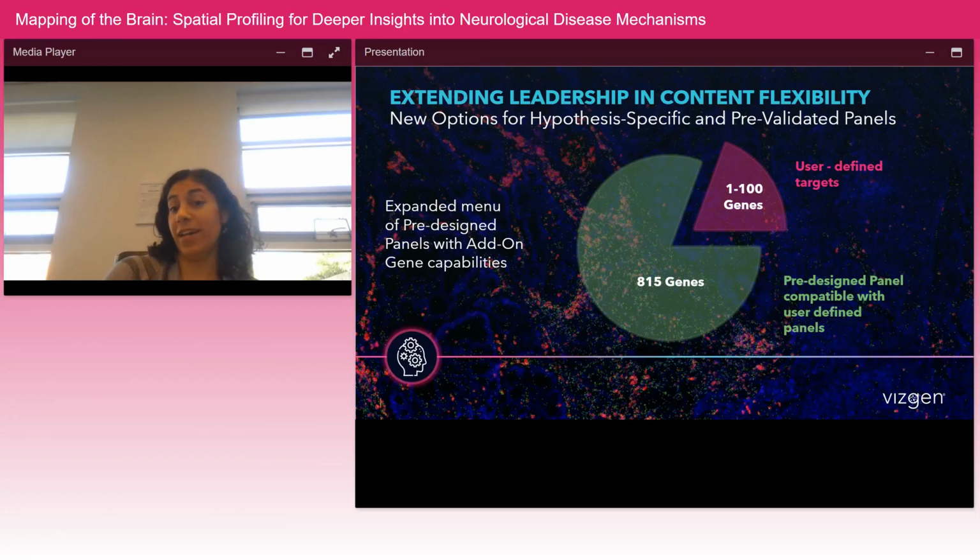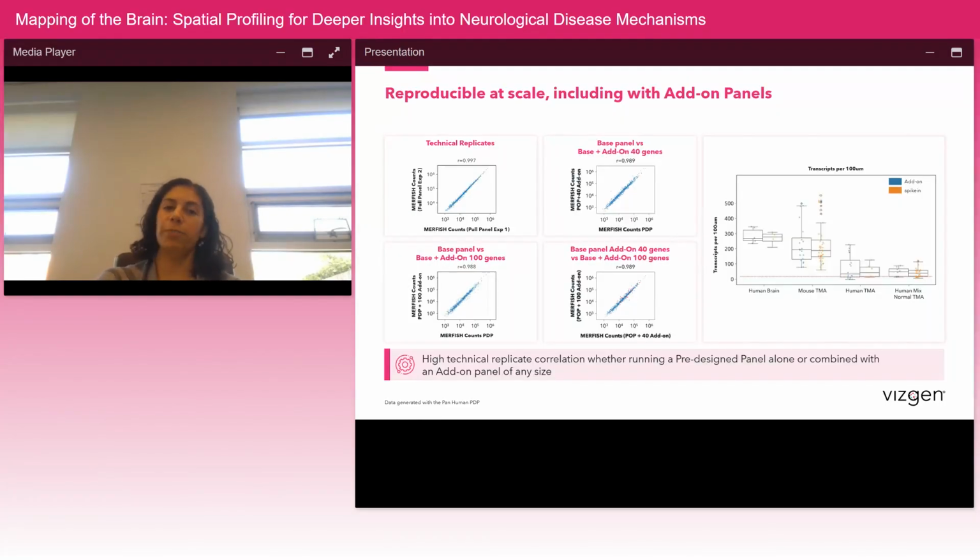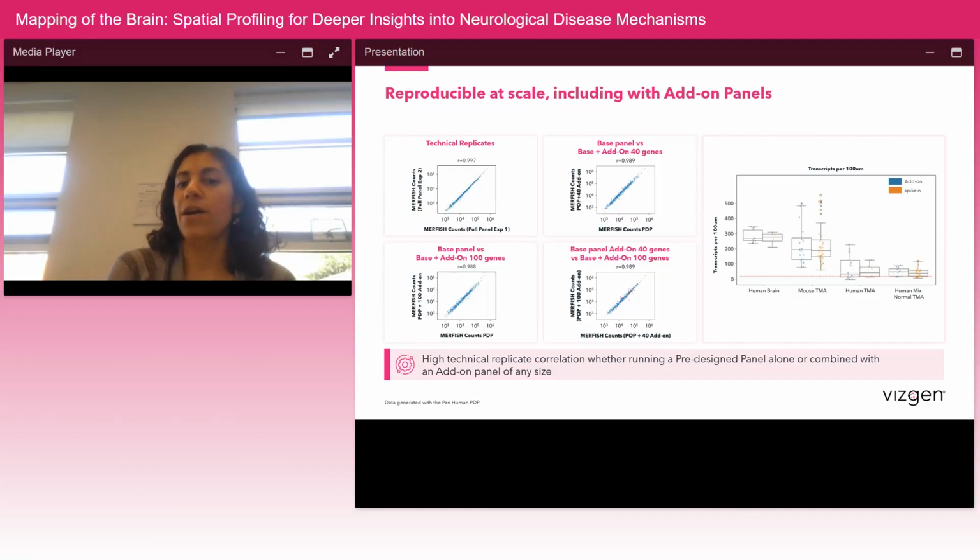Before we did anything else in developing these panels, we wanted to make sure that we could maintain our extremely high quality. So here we're looking at technical replicates of the panels with 40 added-on genes and 100 added-on genes. And you can see we get very high correlation between replicates with the additional genes and even between different numbers of additional genes.